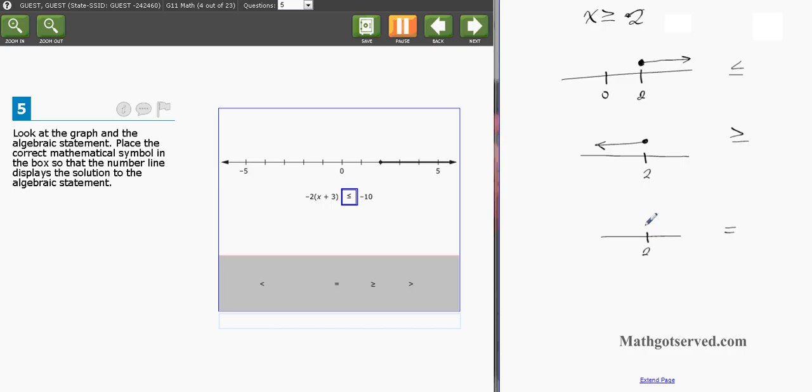If it were less than alone, this would be an open circle. If it's greater than alone, it will be an open circle going in that direction. All right, so we can clearly see that this is the answer because after solving it, we end up with this situation right here. All right, so that's that.